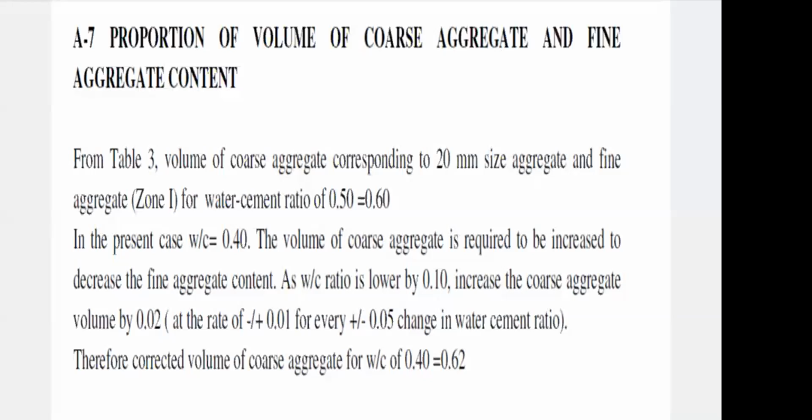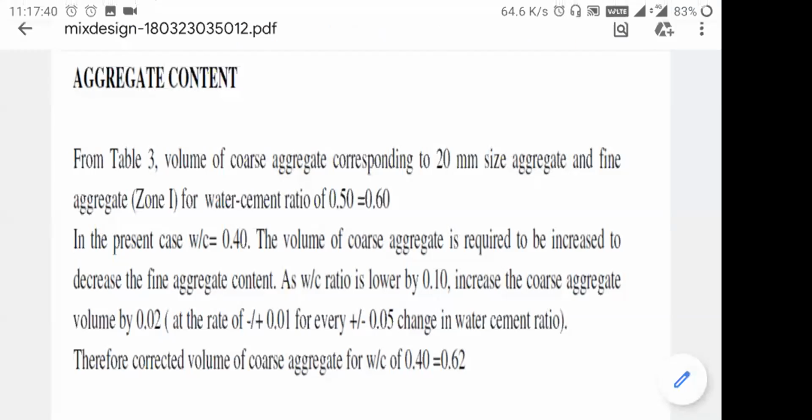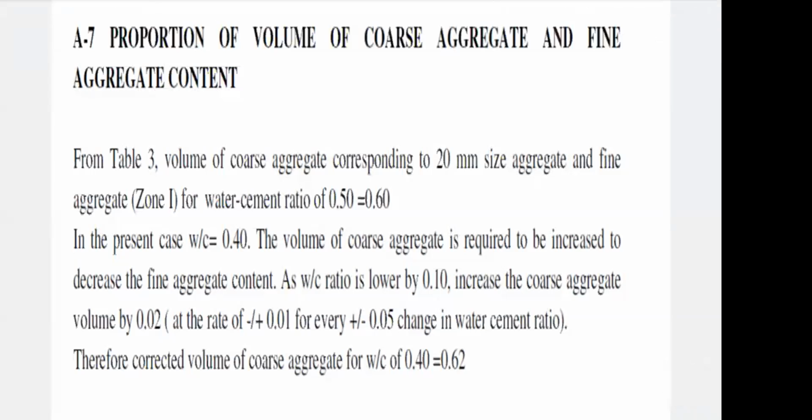So 0.6 plus 0.02 will give you your corrected value. This is the volume of coarse aggregate for water cement ratio 0.4, which is equal to 0.62. This is about the coarse aggregate content, and accordingly the fine aggregate.